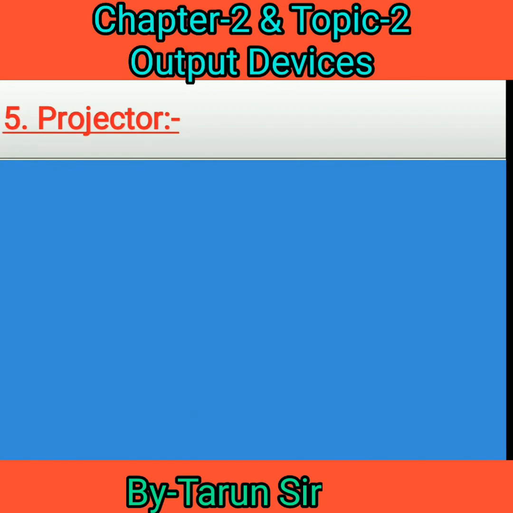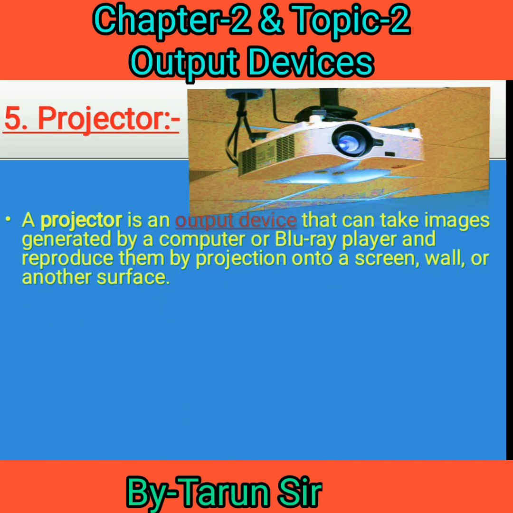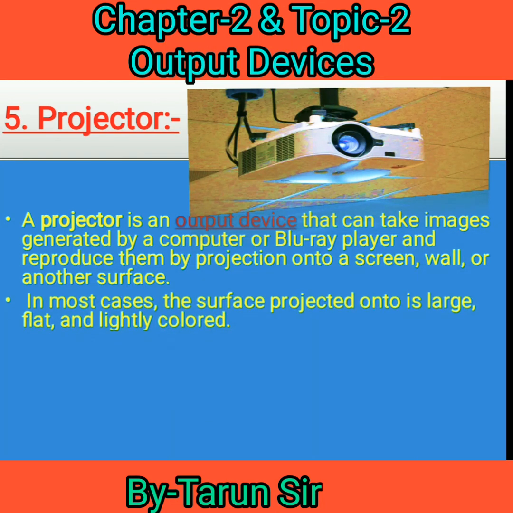And the fifth output device is the projector. A projector is an output device that can take images generated by a computer or Blu-ray player and produce them by projection onto a screen, wall or other surface. In most cases, the surface projected onto is large, flat and lightly colored.